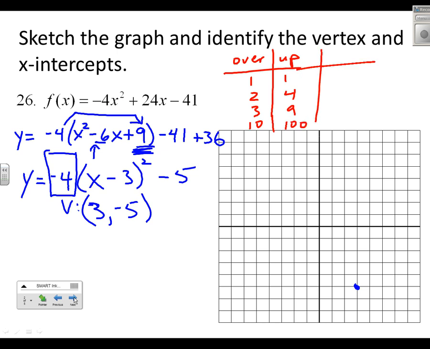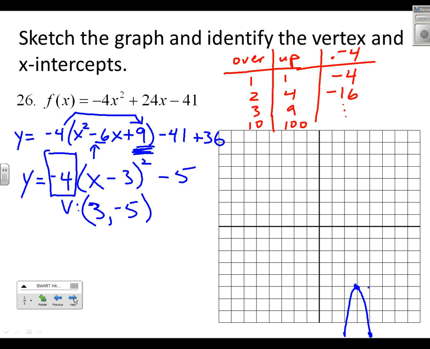But I'm growing at -4 times that. So now, instead of over 1, up 1, I'm over 1, down 4, all the way down here. Left 1, down 4. That's about all the room I have. And once again, we see we have no x-intercepts.